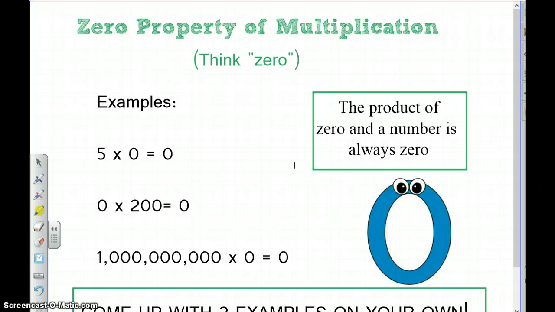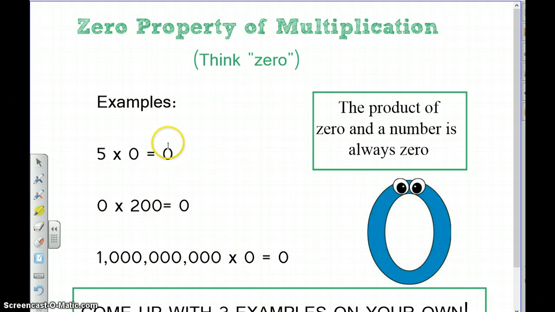Next, this one's easy peasy. You guys should be able to memorize this. The 0 property of multiplication. Okay, it's right in the name. Think 0. Basically what the rule is, the product of 0 and a number is always 0. Any number times 0 equals 0. And the reason for that is because if what you're saying is you have 0 groups of 5, you have 0 groups of 200, you have no groups of 1 million.